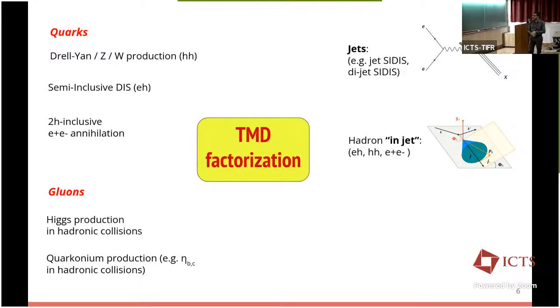Or you can use jets and probe specific hadrons inside of the jet. This lets you measure spin momentum correlations inside of the jet. And we're going to see something later on. Then you can also have processes where you have, for example, e+e- annihilation, and in the final state, you have a hadron in one hemisphere and a jet in the other hemisphere.